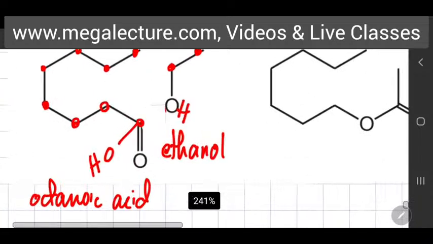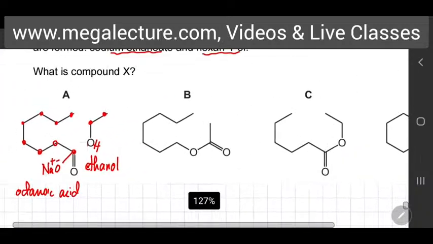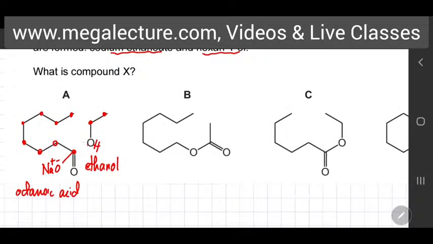And remember, it's not going to be a carboxylic acid, it's going to be a salt of the carboxylic acid. So make sure it's not going to be double bond OH, it's actually going to be a salt. The OH in the carboxylic acid is going to react. But anyways, that's not going to be the correct answer.